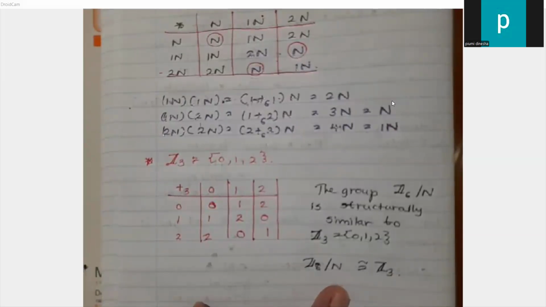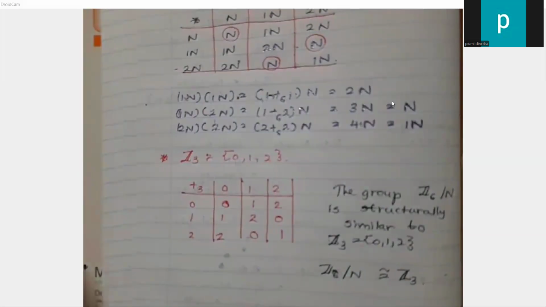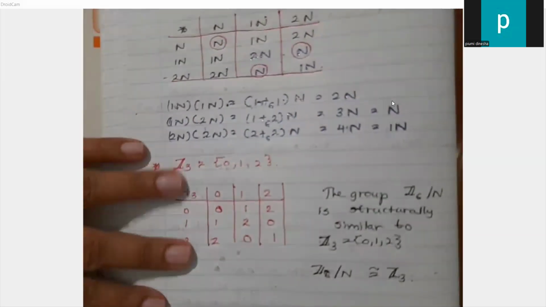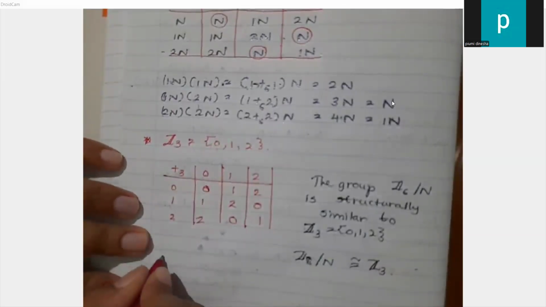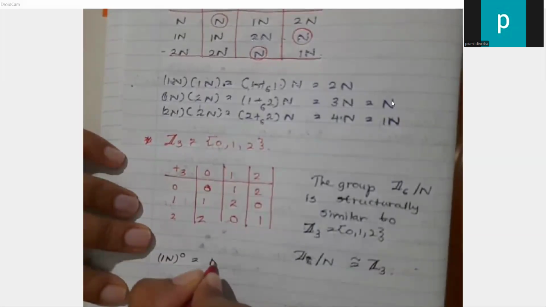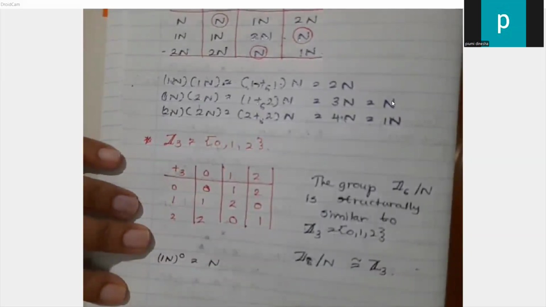And before we actually move on to another example, check this one out. Take 1n or even 2n, even 2n works in this case, for this particular group. Take 1n. 1n to the power of 0 simply gives you the identity, right?